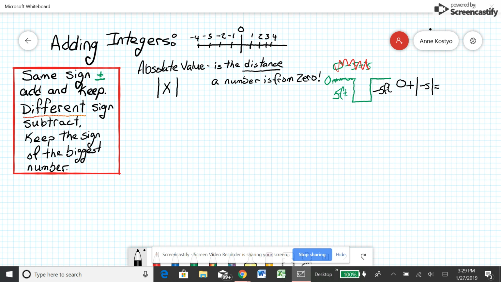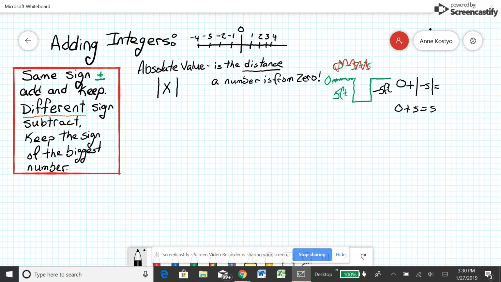Since we have the absolute value of -5, we'll make it positive. So this will become 0 plus 5, which is equal to 5. All right, that is what absolute values are all about. They're just a distance.